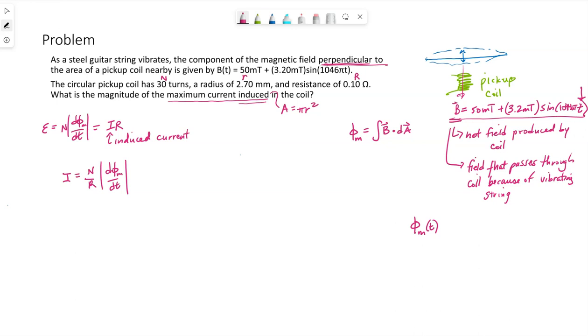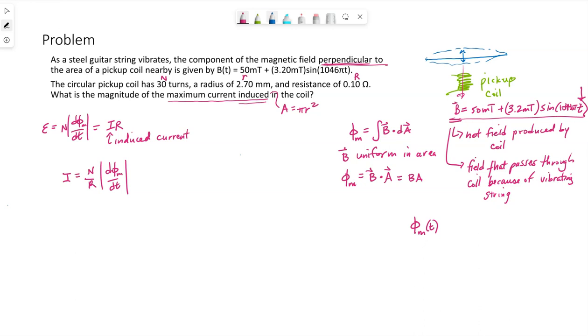That means if I imagine just one exact moment in time, B, this magnetic field, would be uniform in this area. So I can say that the magnetic flux is simply B dotted with A. And since they already told us in the problem that they've given us the component that passes through the area, our flux will be as simple as just B times A.